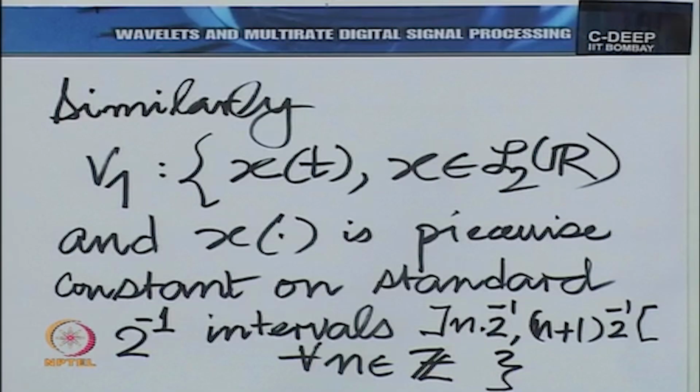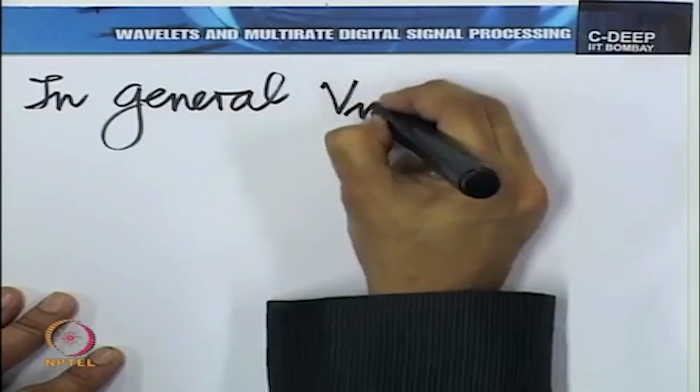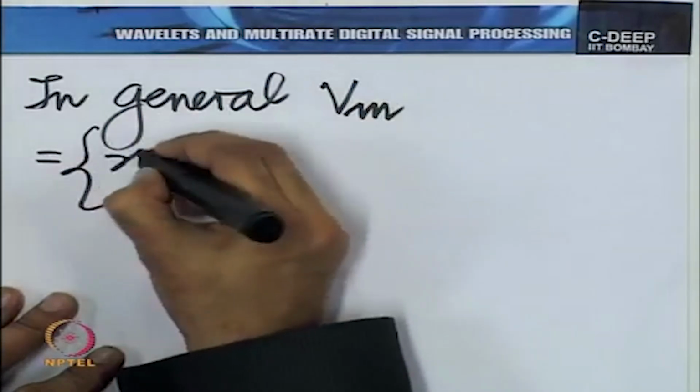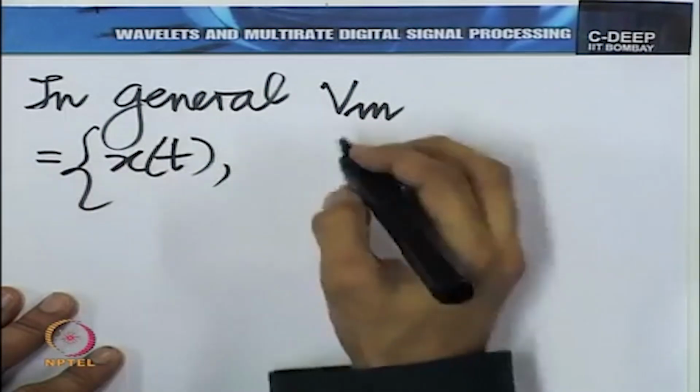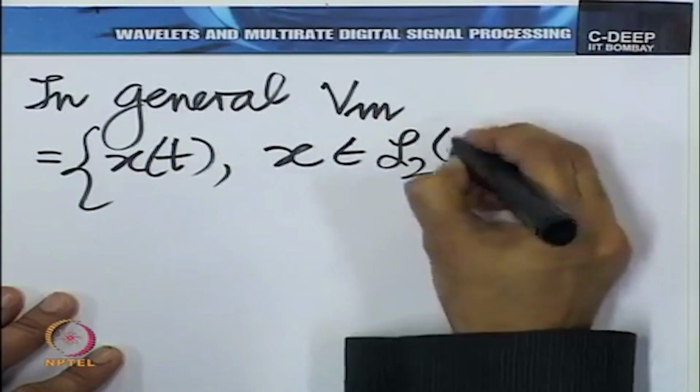And in general, we have V n. The set of all x of t. For completeness, we should write down the definition properly.